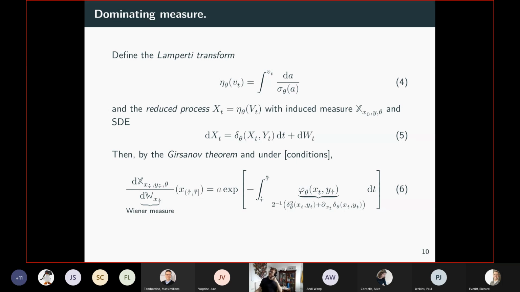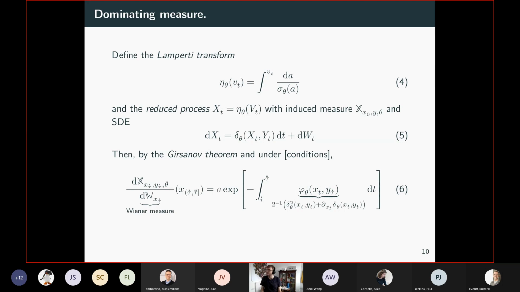That process has an induced measure and the following SDE, where delta is defined implicitly, and again, it has unit volatility throughout. And then by the Girsanov theorem, and again under appropriate regularity conditions, essentially integrability conditions on delta, we get a density of that process with respect to the Wiener measure, which takes the form in equation 6.